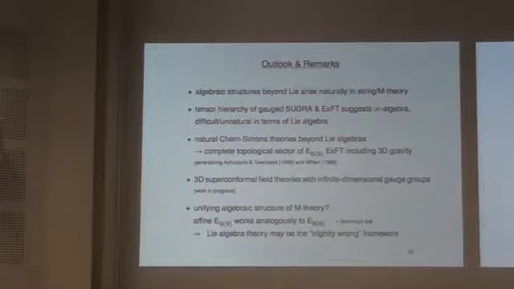Sort of in their case, really just to implement E7. But conceptually, does this go towards completing that kind of direction? Yeah, I would say this is completing that research program started by de Wit and Nicolai.